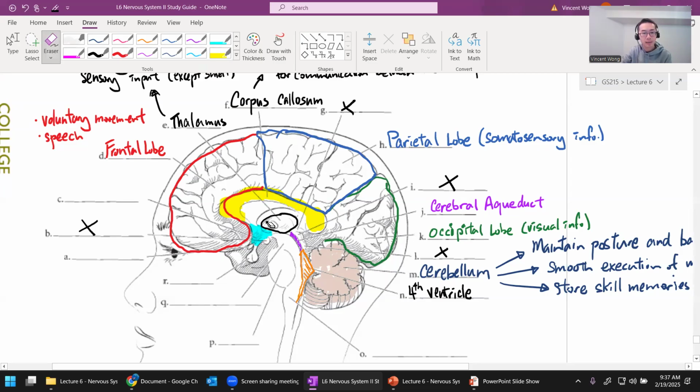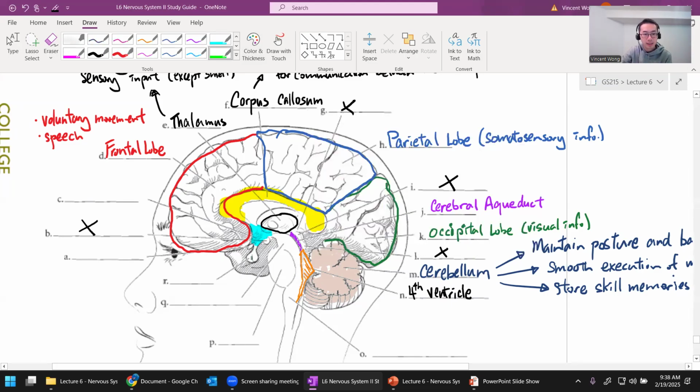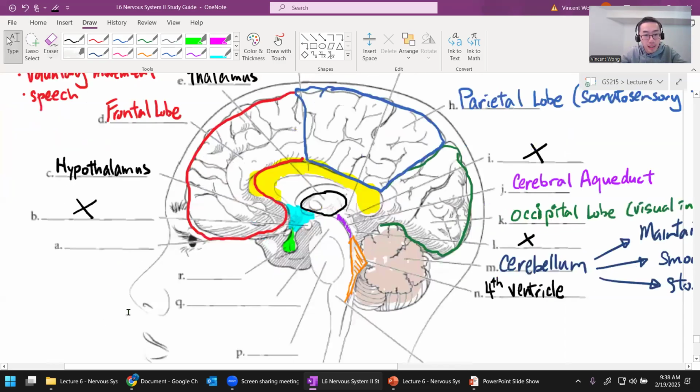What is this thing that's underneath the thalamus? And then, further down from there, is another part right there. That's right, that's the hypothalamus right here, the blue. And then connected to the hypothalamus is the pituitary gland, which is, oh, I cannot see.